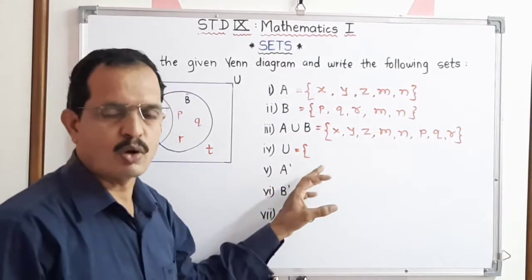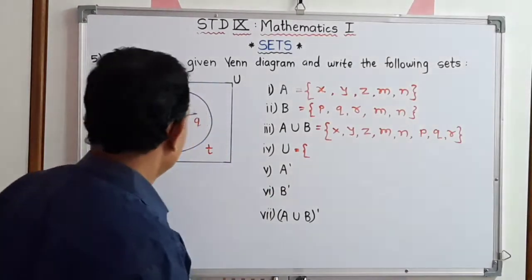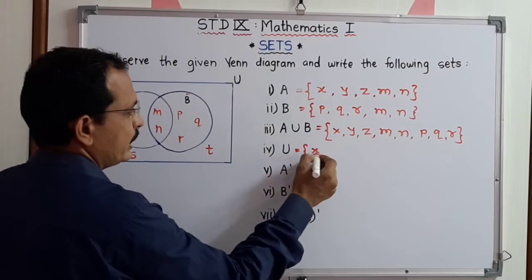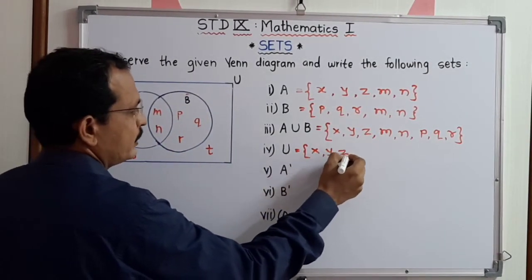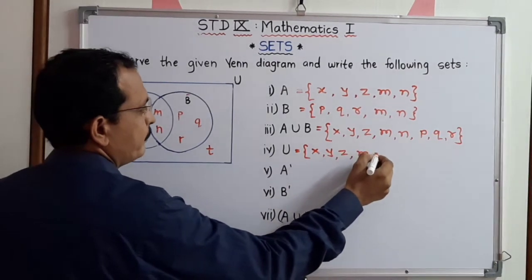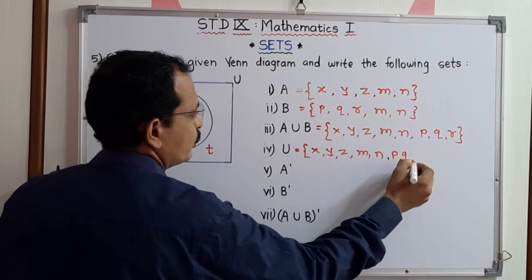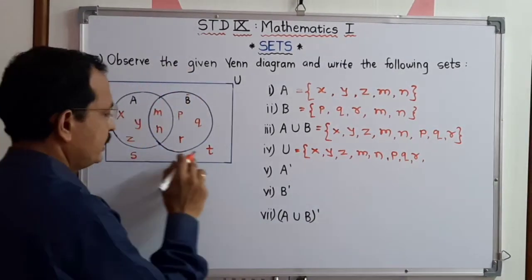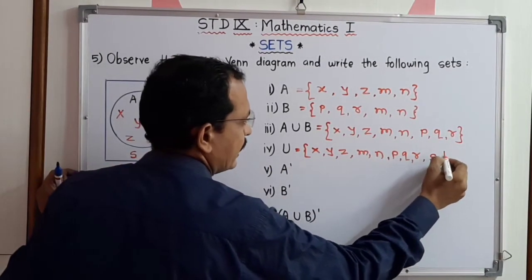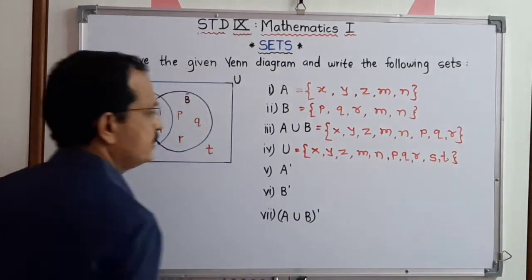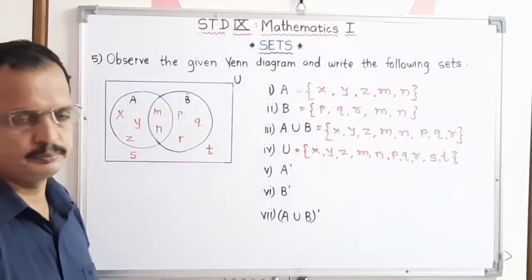Universal set means we have to write all the elements. First of all, x, y, z, m, n. Then p, q, r and this S and T. This is the universal set.